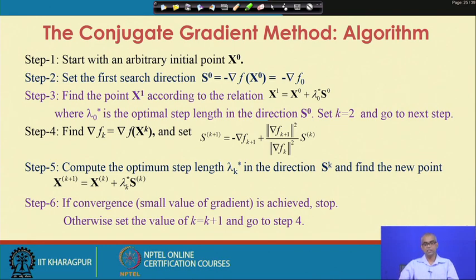So, the search direction at x k plus 1 is the linear combination of the gradient at x k plus 1 and the search direction at x k. Now, compute the optimal step length lambda k in the direction s k by doing a line search and find the new point as x k plus 1 equal to x k plus lambda k s k.